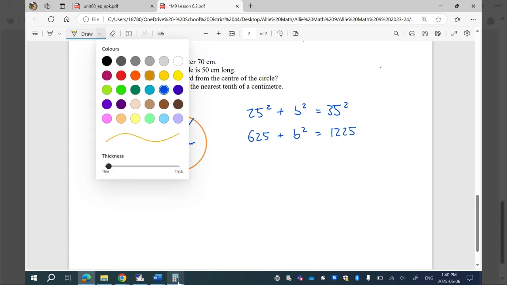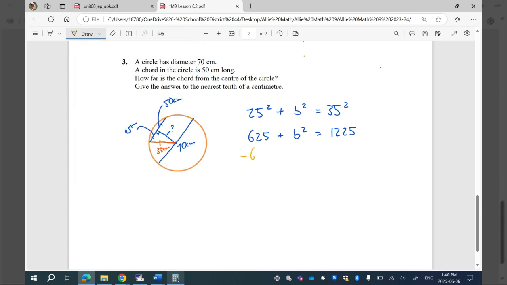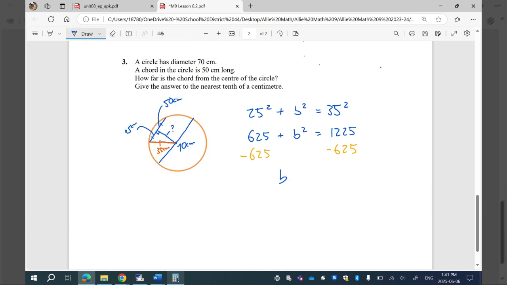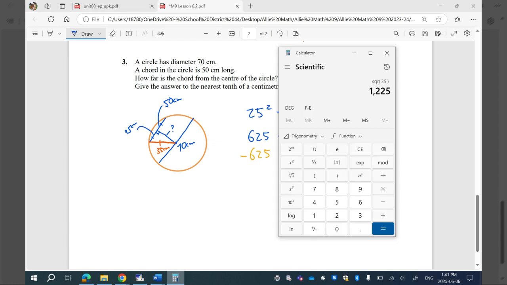Now let's minus 625 from each side to get that b squared by itself. So now we have b squared equals 1225 minus 625, which equals 600.